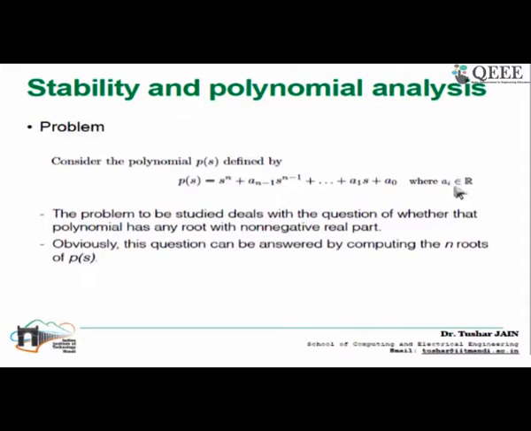We know that this question can be answered by computing the n roots of P of S. If you recall, in that paper which we considered in the very first slide, this kind of equation was solved only up to a third order system, but now we have high computing tools which can of course solve this kind of equation for an nth order polynomial.